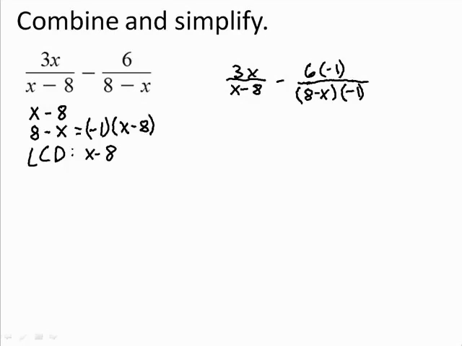Distribute the negative 1 to the 8 minus x. 3x divided by x minus 8 minus negative 6 divided by x minus 8. Now that both fractions have the same denominator, you can subtract the numerators. Subtracting a negative number is the same thing as adding a positive number. The simplified expression is 3x plus 6 divided by x minus 8.